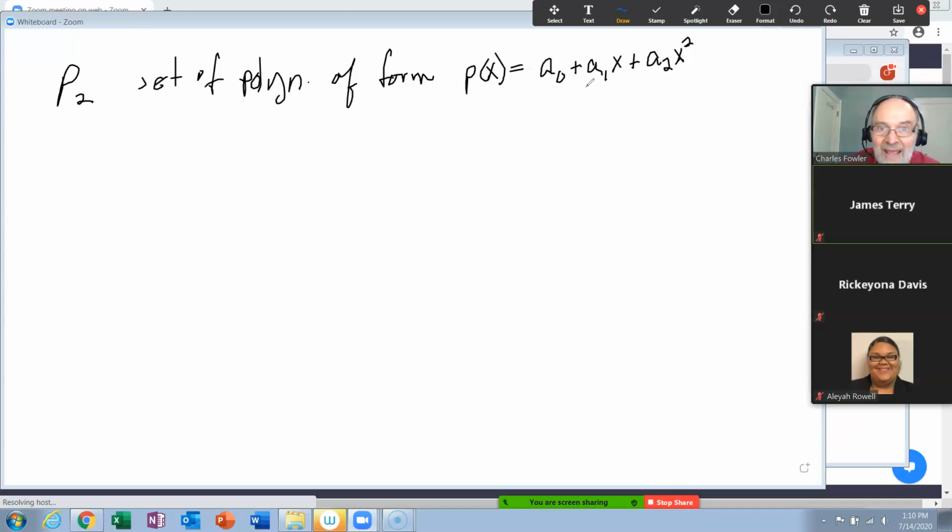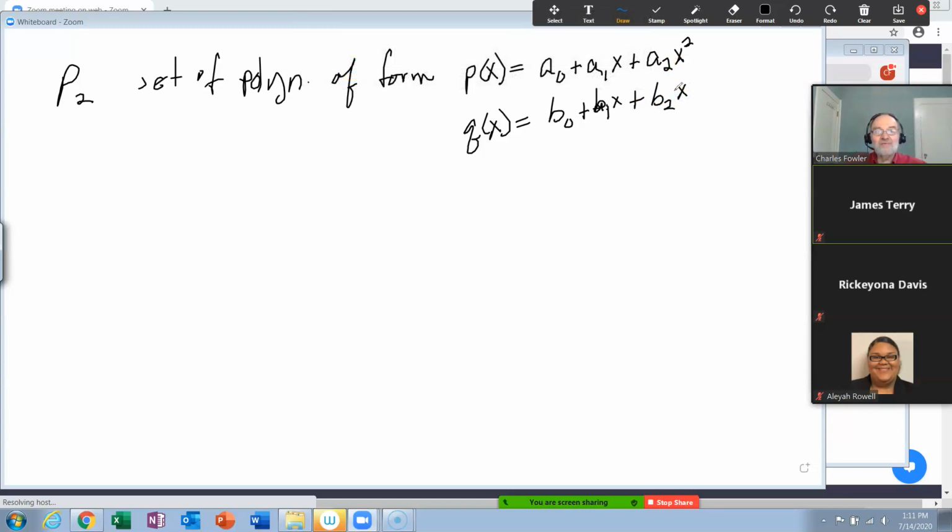Now, what if you were to add two polynomials like this? Let's call them p of x and q of x, where q is also in P2, so q of x equals b0 plus b1 x plus b2 x squared.